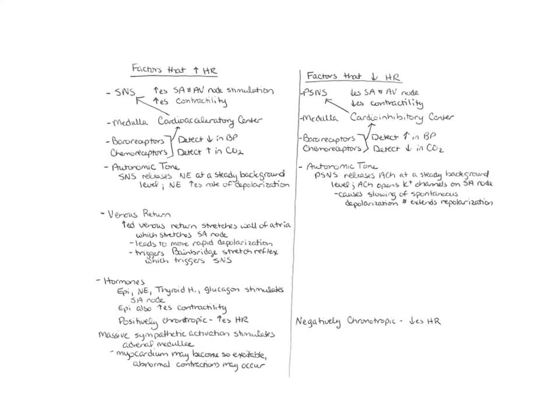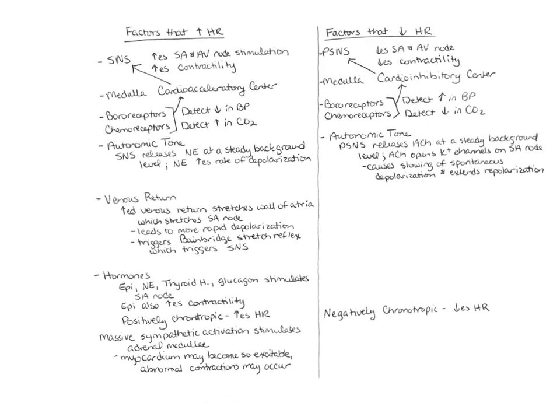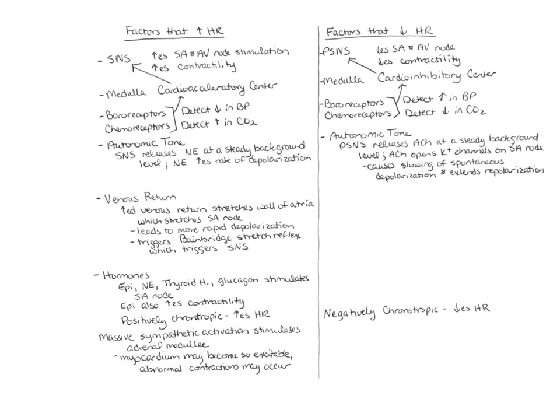Okay, then we're going to finish here by talking about heart rate, and factors that affect heart rate. So let's look at factors that increase heart rate. First of all, the sympathetic nervous system.